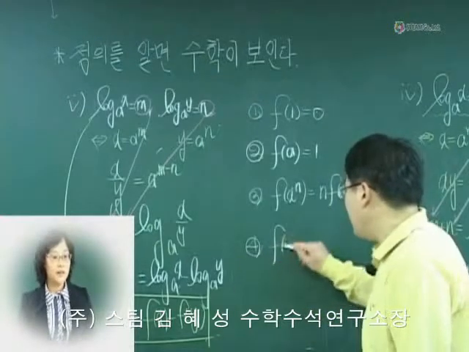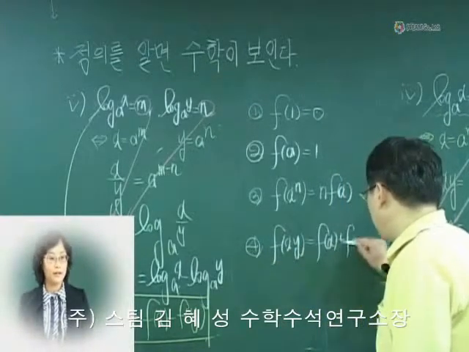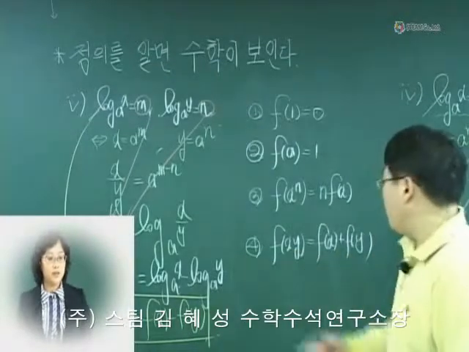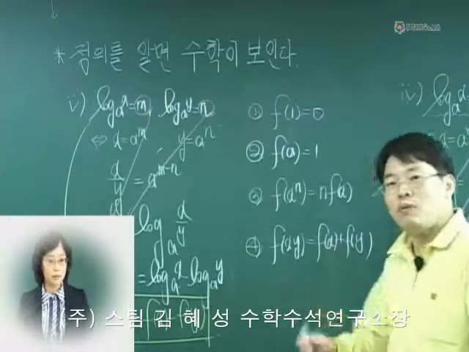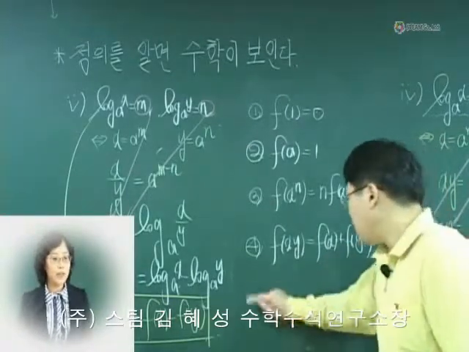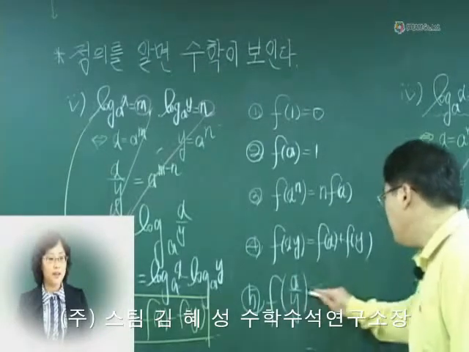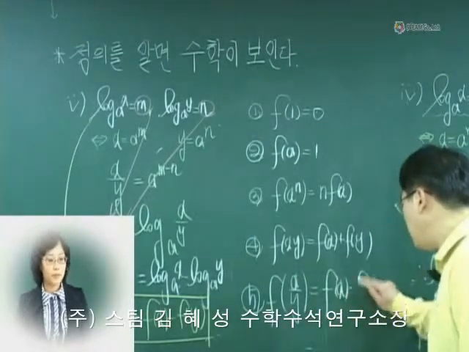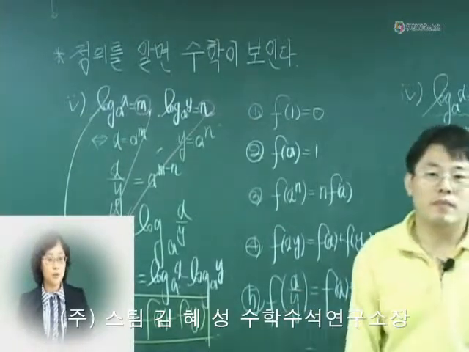The fourth one is f of xy becomes f of x plus f of y. Multiplication becomes addition. The fifth one is f of x over y becomes f of x minus f of y. The quotient is with the subtraction.